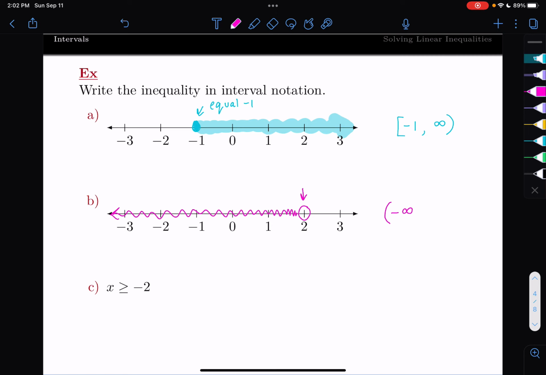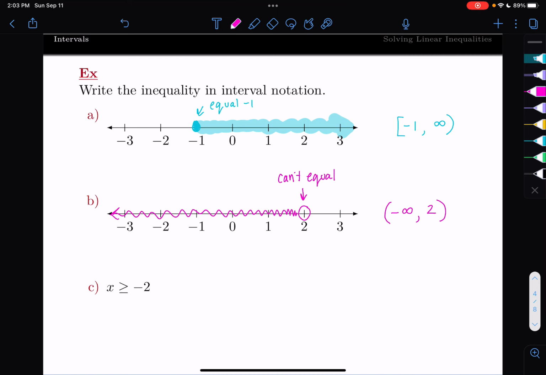Then we're going to stop here at 2, but I can't actually equal this number. So I don't want to use 1 as my cutoff. I want to say I can get as close to 2 as I want, because 1.9 is a number that falls into this range, 1.99. So I want to say I can get as close to 2 as possible, but I'm going to use a parenthesis to indicate I can't equal this endpoint.